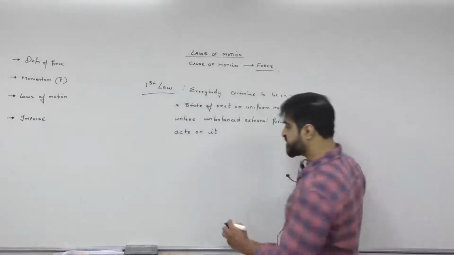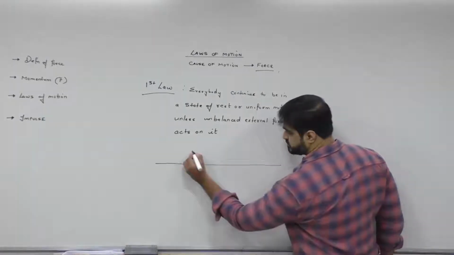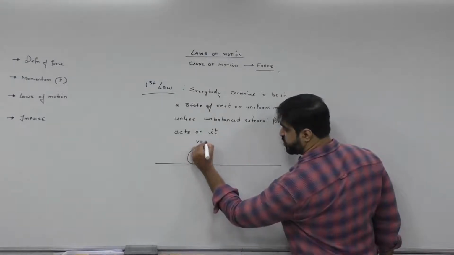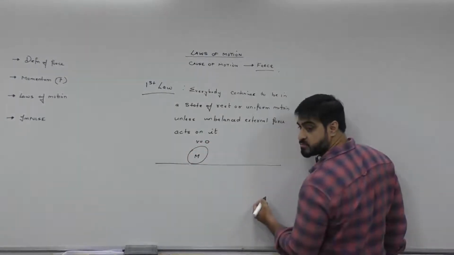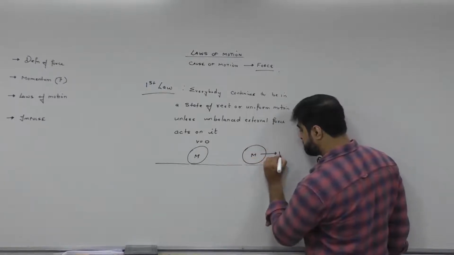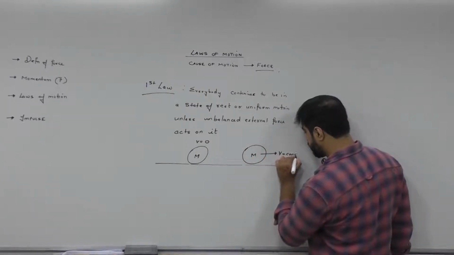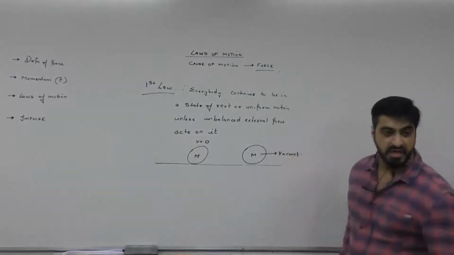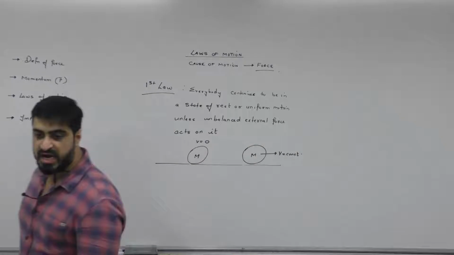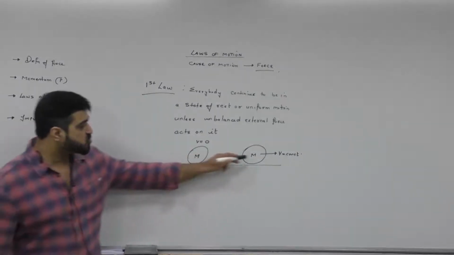Means what? Suppose there is a body which is at rest. There is a body whose velocity is, beta, what? 0. Or a body which is moving at a constant velocity. It will not change its condition unless and until an unbalanced external force will come and act on it.